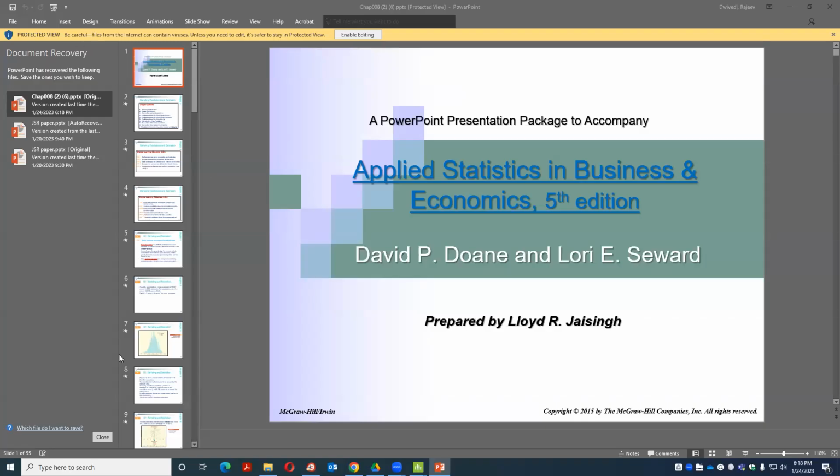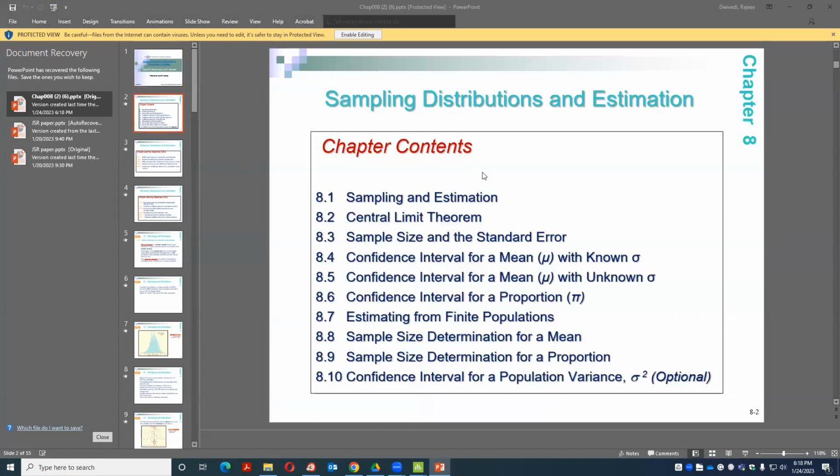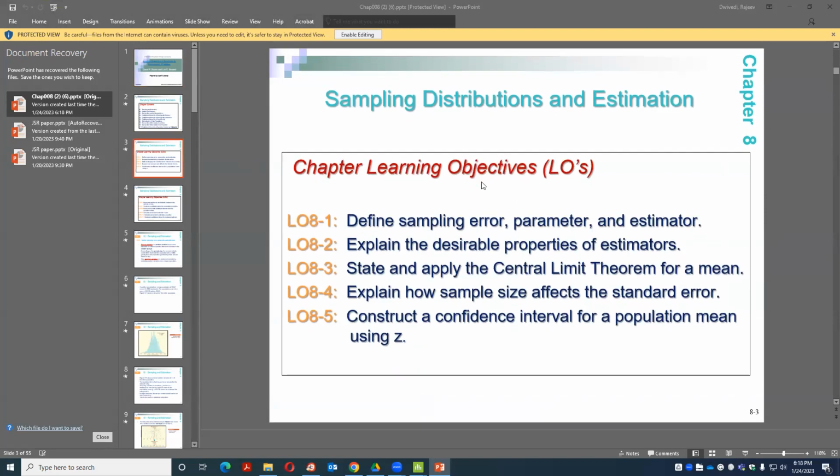Can you see my slide part? Yes. Okay, perfect.